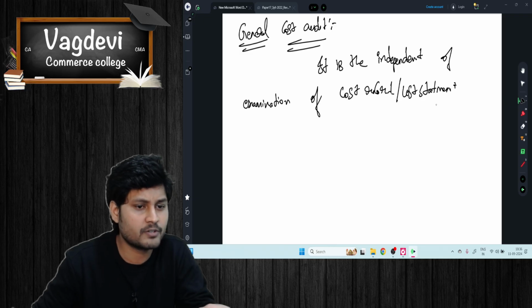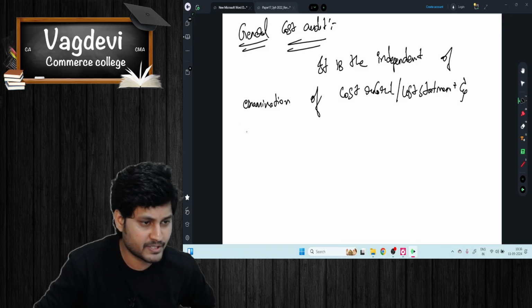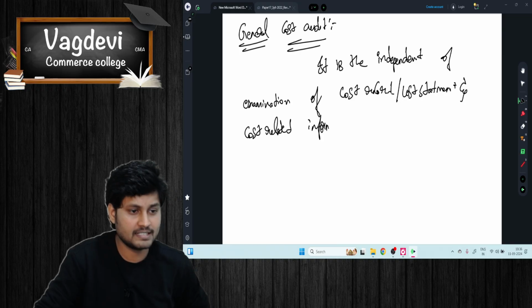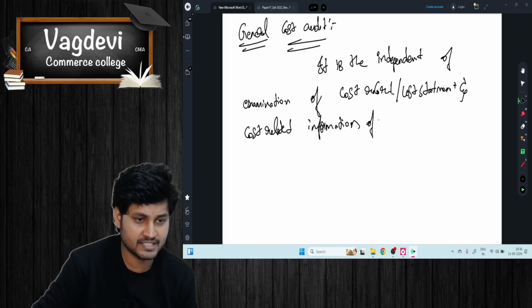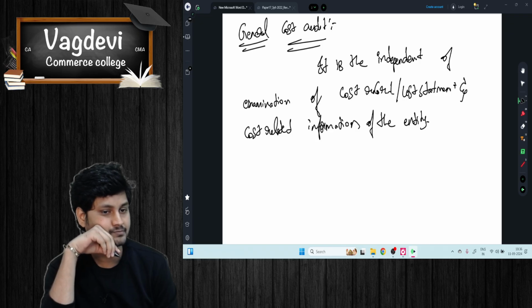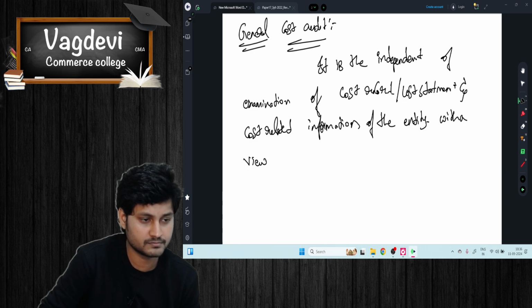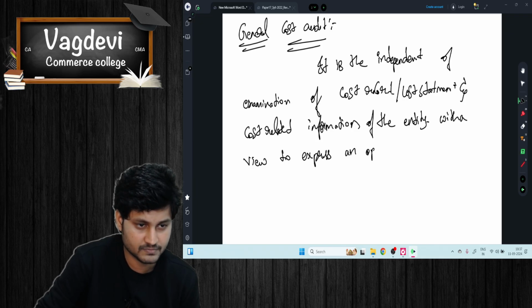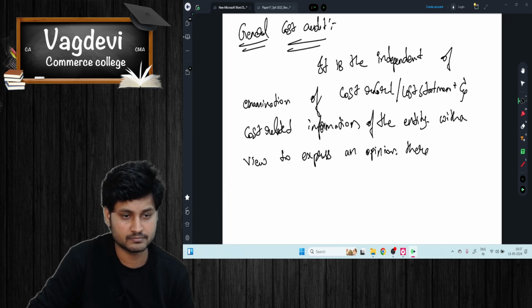Financial statements got replaced by cost statements, and any other cost related information of the entity, with a view to express an opinion thereon.